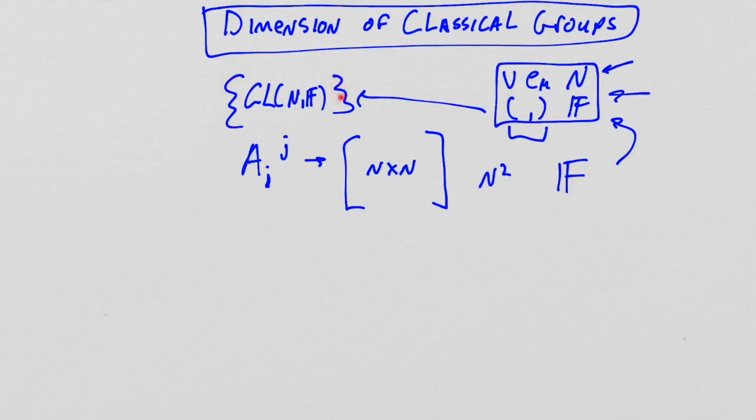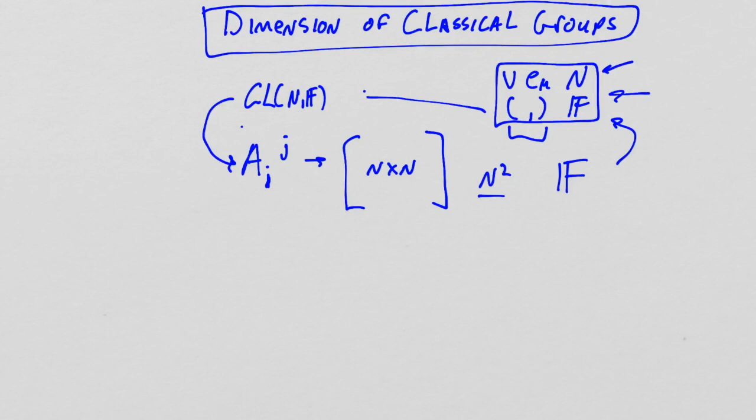Putting these brackets here makes it silly. This is understood to be the set, so making it the set of something that's understood to be the set is kind of absurd. So I'm going to get rid of those. Okay. But A is a member of that general linear group, and there are n squared independent values you can pick to be a member of that group.